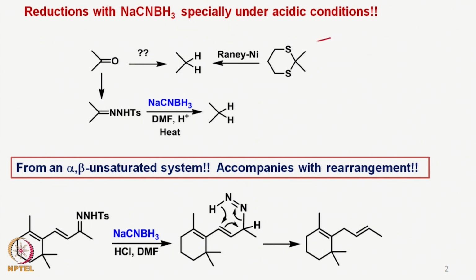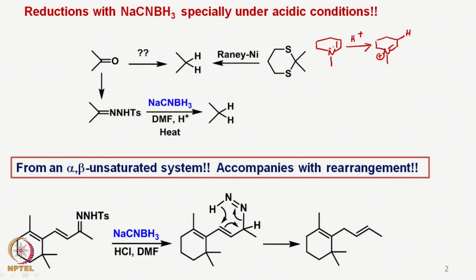For example, we considered reductions of enamines, which are possible because the protonation allows the formation of this type of intermediate, where the proton comes in here and of course the positive charge will come here.